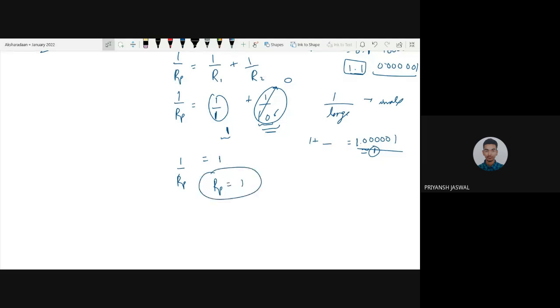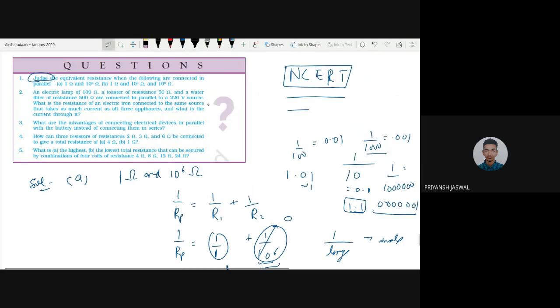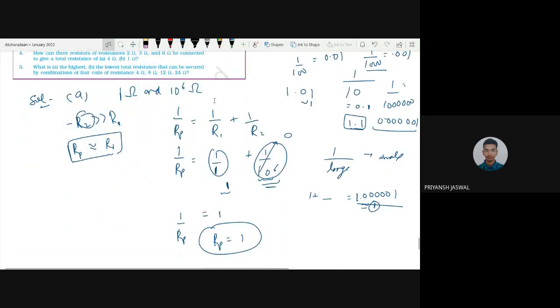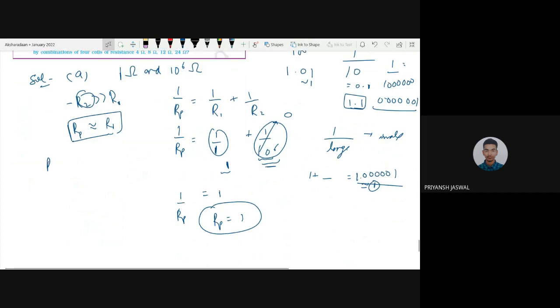So the simple key here is that if one of the resistances is much greater than R1, then the net resistance will approximately be equal to the smaller resistance, as this R2 approaches infinity, that is a very large value such that 1 by R2, 1 by infinity becomes 0.